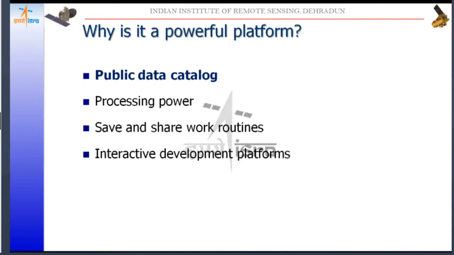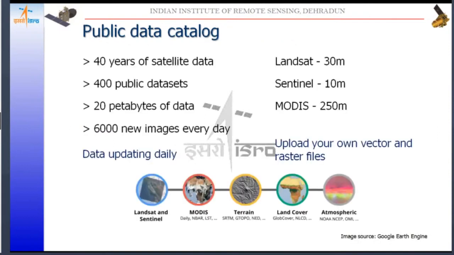So the Earth Engine is a powerful platform for a couple of reasons. The first of them is its wide public data catalog. The Earth Engine hosts more than 40 years of satellite data in both optical and non-optical wavelengths. It hosts more than 400 public data sets covering more than 20 petabytes of data, and more than 6,000 images are being ingested into the Earth Engine every day.